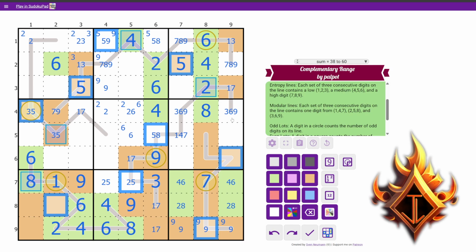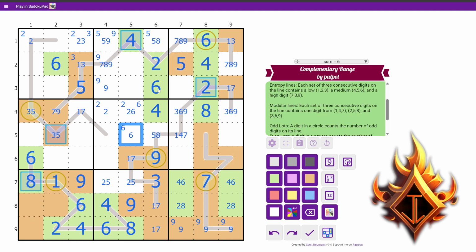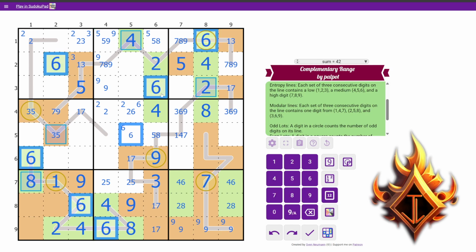And then a 6 would have to be here because of that. So a 6 would go there. And this is if that is a 5. Well, that would be okay.